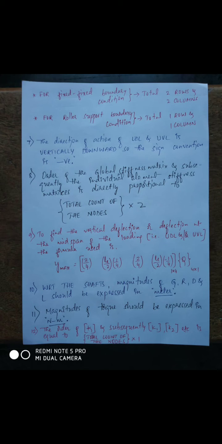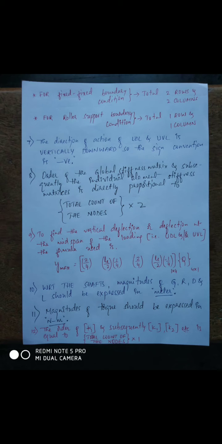In the next point, we are talking about analysis of shafts or torsion of shafts numerical problems. Within the torsion of shafts numerical problems, the magnitude of rigidity modulus G, radius of the shaft R, diameter of the shaft D, and length of the element L should be expressed in SI unit meter appropriately and logically.